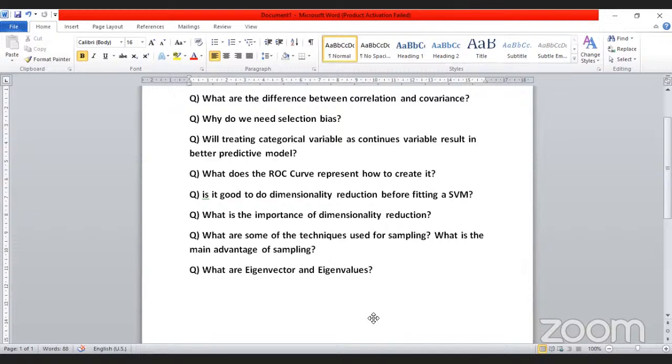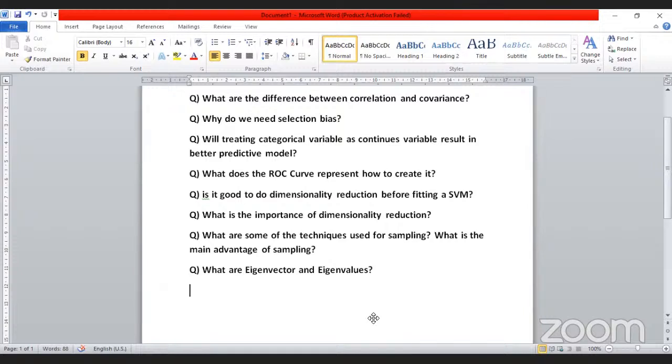Eigenvector is nothing but a column vector or a unit vector whose length is equal to 1. Eigenvalues are the coefficients applied on eigenvectors, which give these vectors different values for the length or magnitude.